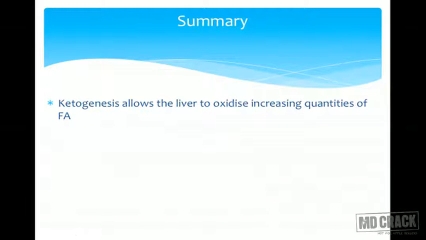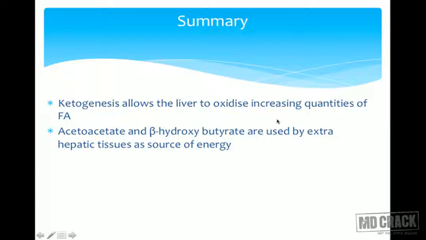So to summarize, ketogenesis allows the liver to oxidize increasing quantities of fatty acids. More beta oxidation can take place, so the liver will get the energy it requires from fatty acids through beta oxidation. At the same time, this ketone body formation will see to it that its gluconeogenesis is not hampered.